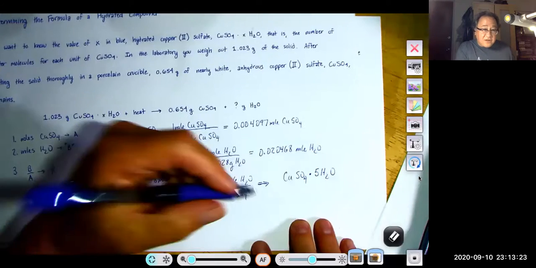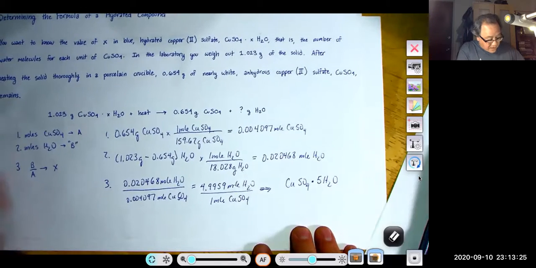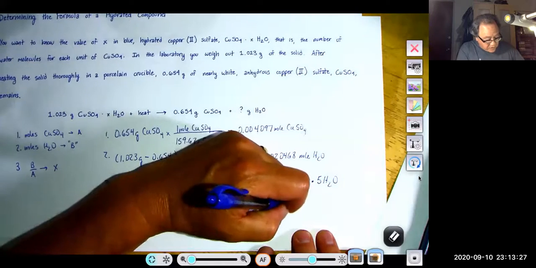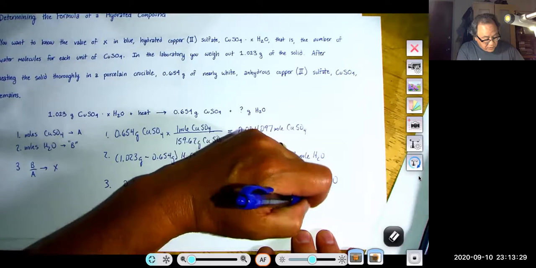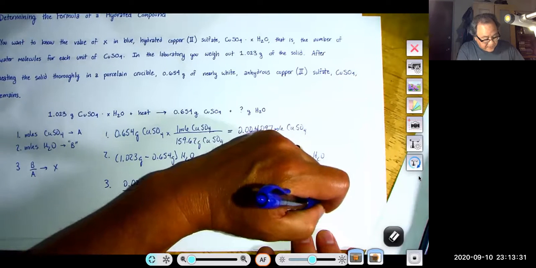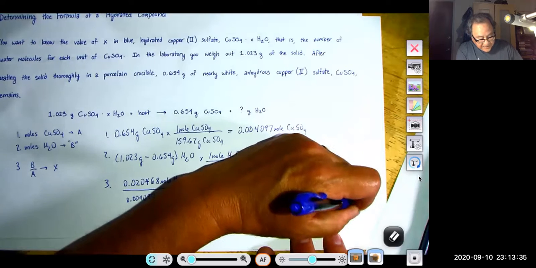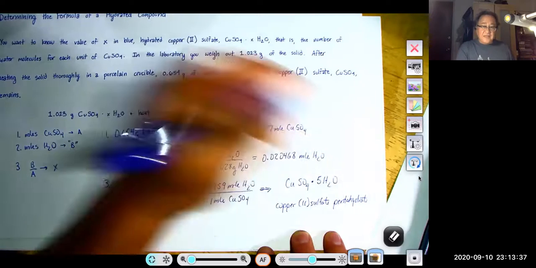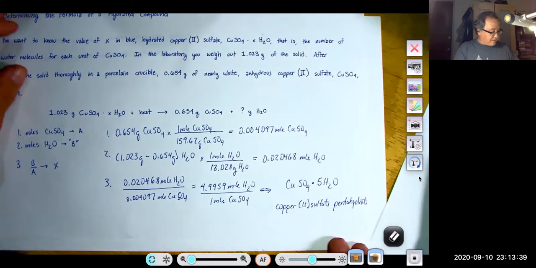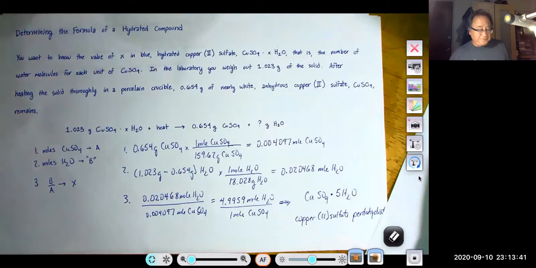And this is called copper 2 sulfate pentahydrate. And that's how you get the formula of your hydrate.